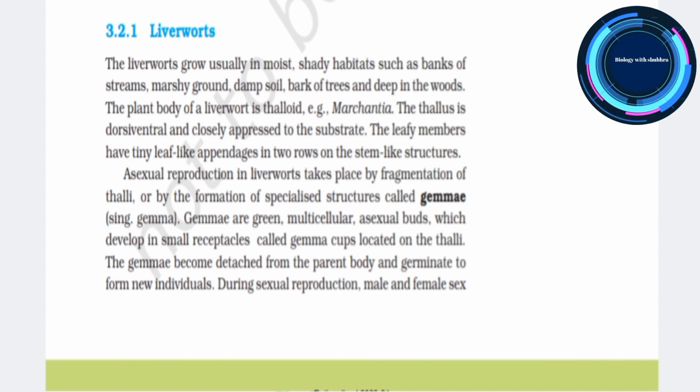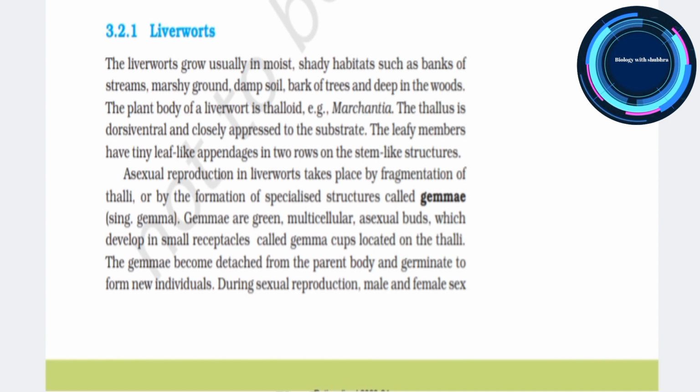Liverworts grow usually in moist, sandy habitats such as banks, streams, marshy ground, damp soil, bark of trees, deep in wood. The plant body of liverworts is thalloid, that is Marchantia. It is a primitive type of bryophyte, that is liverworts. The thallus is dorsiventral and closely appressed to the substrate.